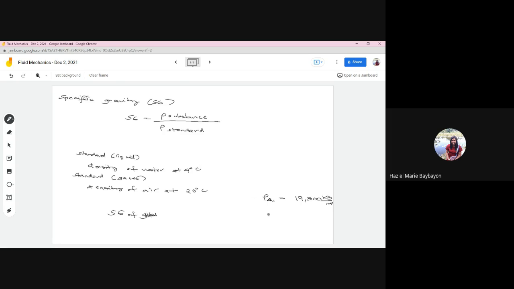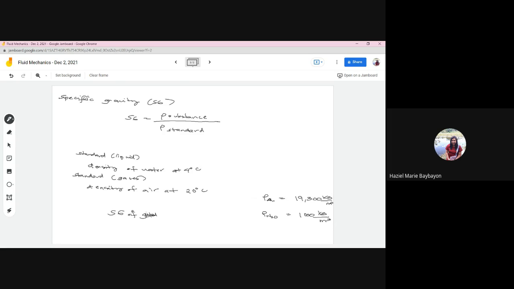And the density of water at 4 degrees Celsius is equal to 1,000 kilogram per meter cube. Take note of this because these are constants. And I think in the video, class, the densities of common materials used in problems are listed.